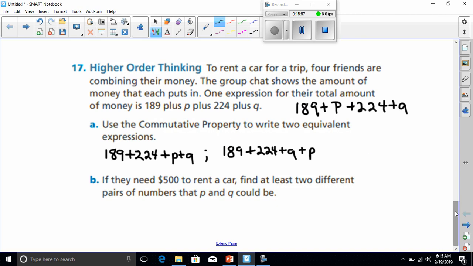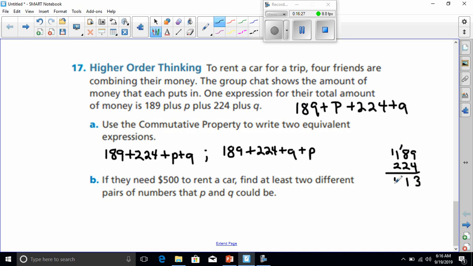All right, the next one says, if they need $500 to rent a car, find at least two different pairs of numbers that P and Q could be. Well, let's do the math. First of all, 189 and 224. That's going to give me 3, carry the 1, that's 11, carry the 1.